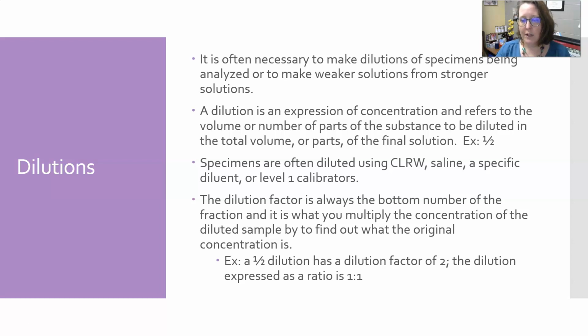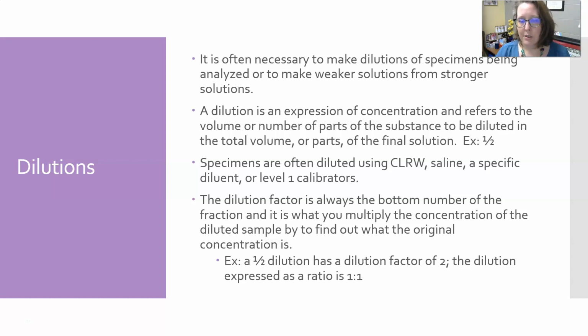Well, the dilution factor is that bottom number of that fraction, so it's 2. And so what you do is you take that 350 and multiply it by your dilution factor, which is 2. So 350 times 2 equals 700 milligrams per dL. And so that was the initial concentration of glucose in the sample, which was too high for the analyzer to read, for example.